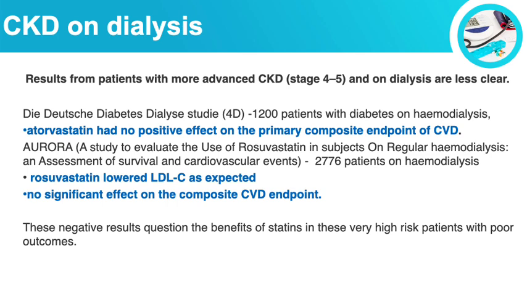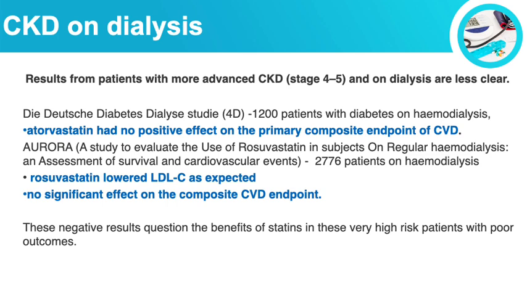For patients with CKD on dialysis, results from patients with advanced CKD stage 4 and 5 and on dialysis are less clear. The 4D study, which included 1,200 patients with diabetes on hemodialysis, showed that atorvastatin had no positive effect on the primary composite endpoints of CVD.